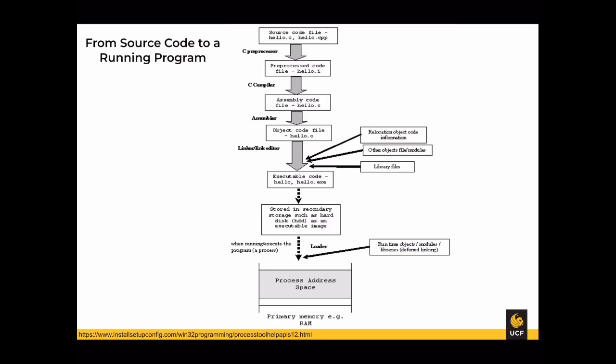The linker combines all of these object files and any libraries that you want in your program into a single executable. The operating system is how you store this executable onto a storage medium like a solid state drive or a flash drive. And the loader works together with the operating system kernel in order to take that program off of disk, copy it into RAM, and then start executing that program at the first instruction.